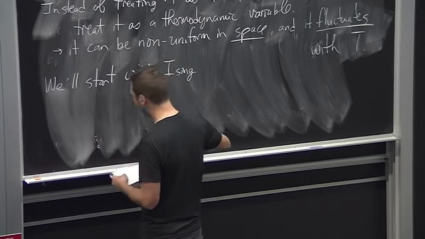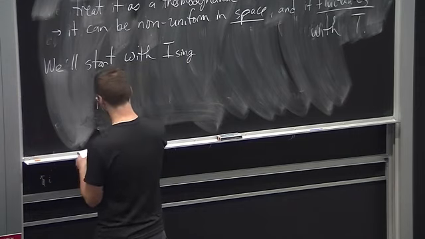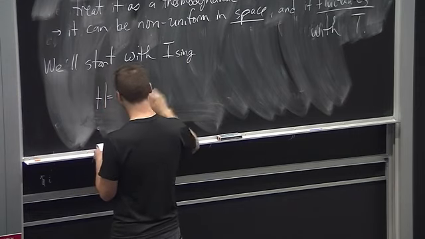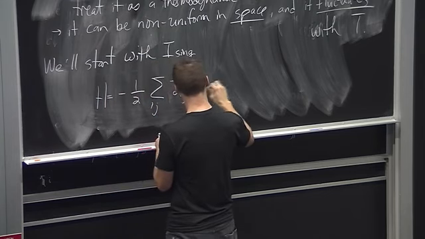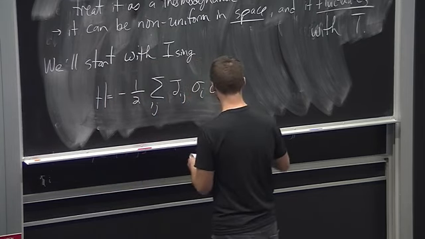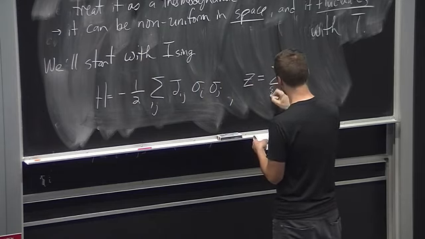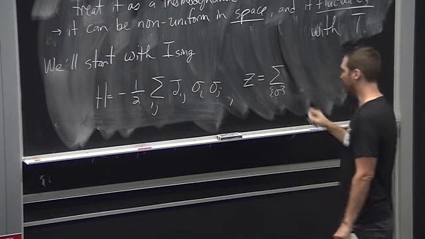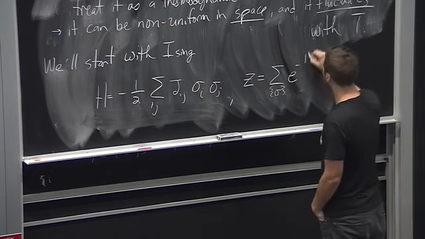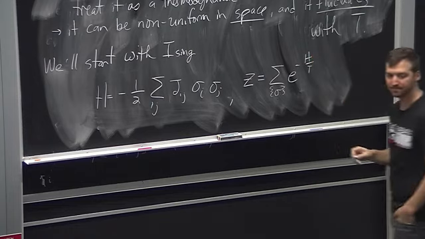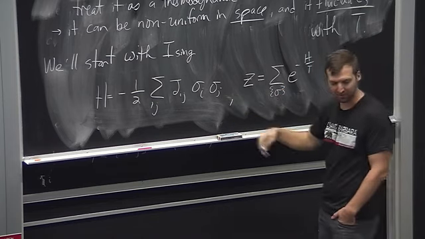So we can still interpret things in this concrete way with the Ising model, with partition function that has a trace. I'll just write it like this: sum over all spin states e to the minus beta H. You can just substitute in that Hamiltonian.